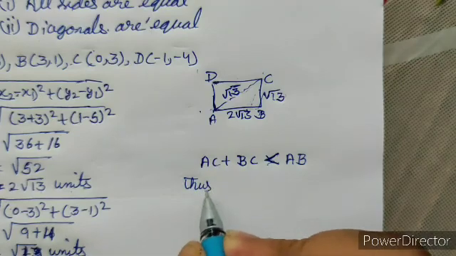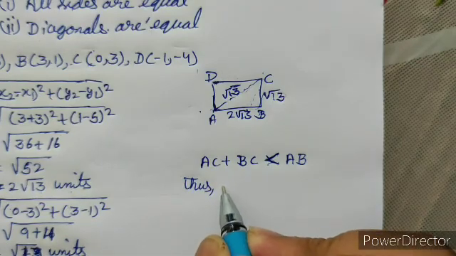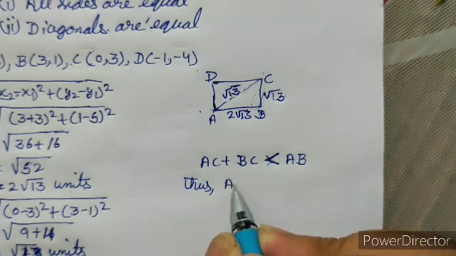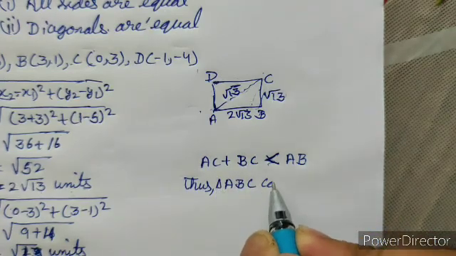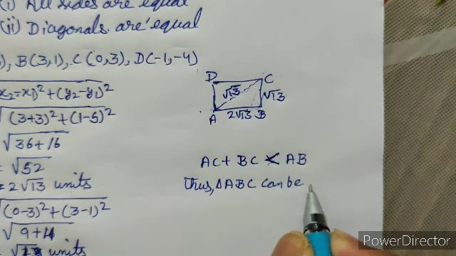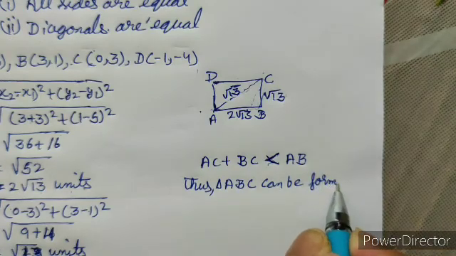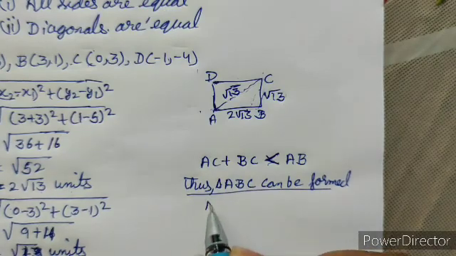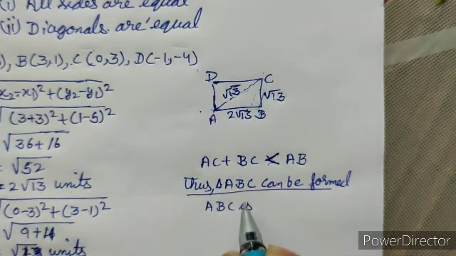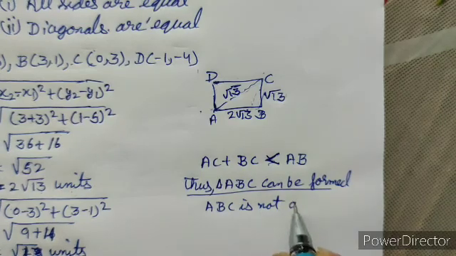Thus, triangle ABC cannot be formed, or you can say ABC is not a triangle.